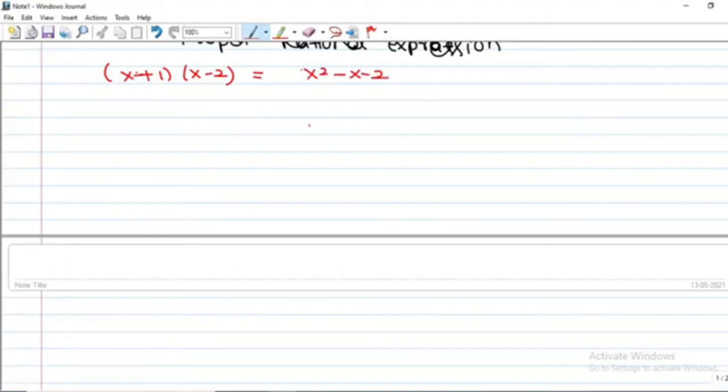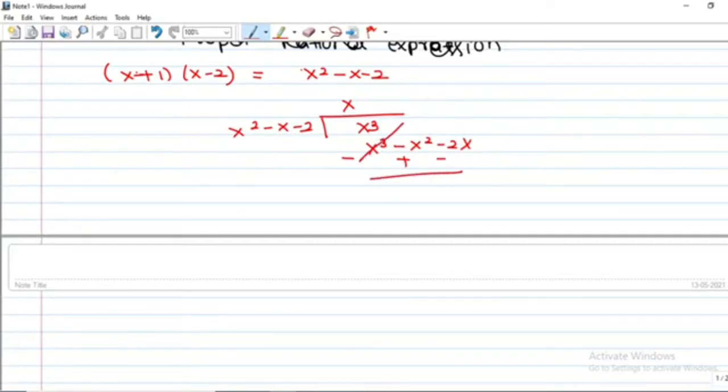Now let's divide properly. x cube is there, we have to divide it by x square minus x minus 2. So first will be x. If we take x here, it will be x cube, then minus x square, then minus 2x. Minus plus minus, this thing will nullify. We will be left with x square, and this will be plus 2x.